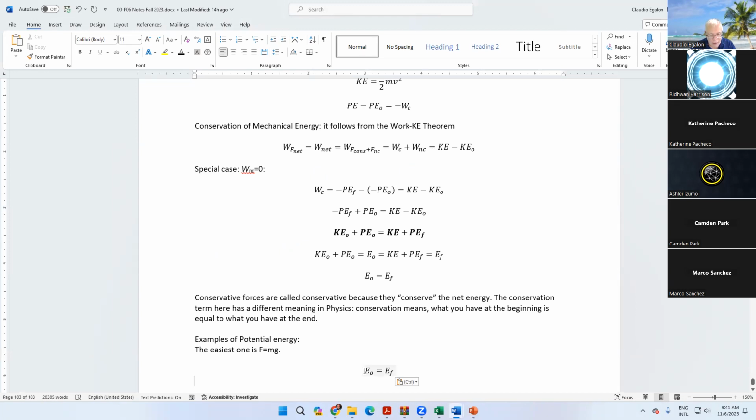Work done by mg from A to C is going to be minus the final potential energy minus the initial potential energy.